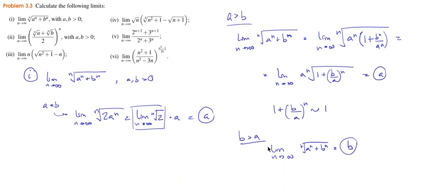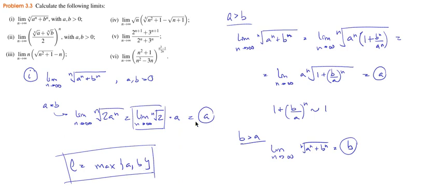So this limit, let's call it L, will be the maximum of a and b. If a is greater than b, it will be a. If b is greater than a, it will be b. And if they are equal, it doesn't matter, because it doesn't matter if it's a or b. Okay, that's the first one.